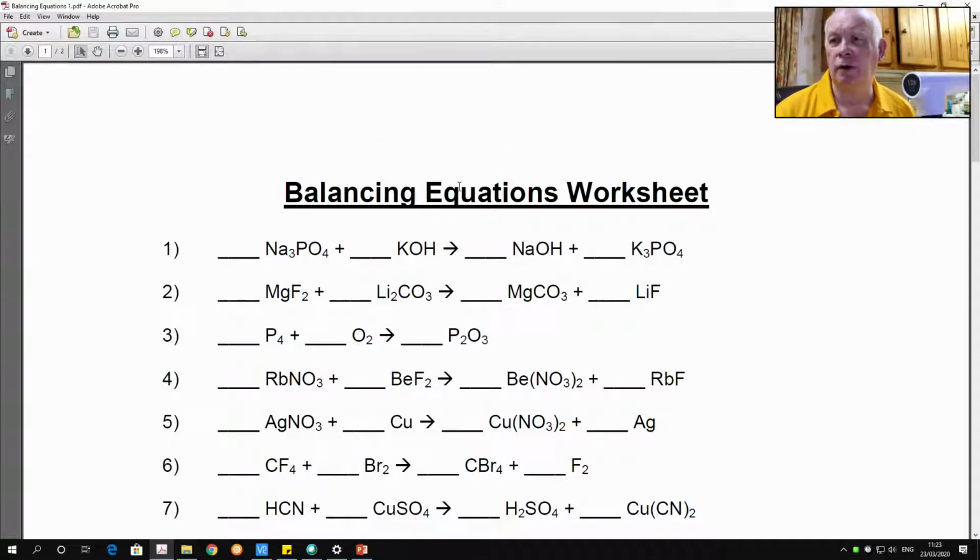We're going to start with an equation here. So I've got some Na3PO4, this is sodium phosphate, plus I've got some potassium hydroxide, KOH, and this is going to give me some sodium hydroxide plus some potassium phosphate, K3PO4.